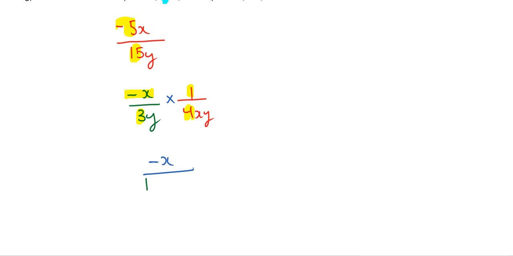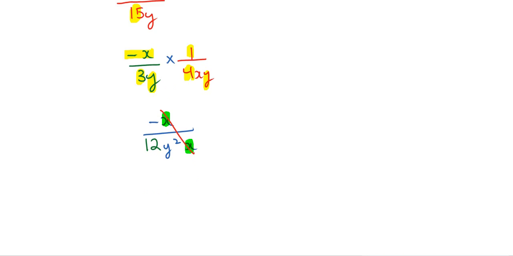Well, that's going to be 12. And then how many y's do I have? I have 1 y there and 1 y there, so that's going to be y squared and x. And then you'll notice that I have an x here and an x there, and that will cancel off, and this will give you negative 1 over 12y squared. Okay, so there's like a 1 here and a 1 there. You just cancel them off, and this 1 here is that 1 there.